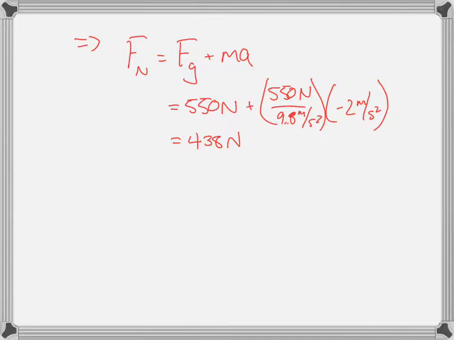This is really what's called effective weight. So again, this is the normal force, which is the force that I exert on the scale, which is what the scale reads. What the scale reads is effective weight, where my weight is still 550 newtons, defined by mg. My effective weight is how heavy I feel. Because I'm accelerating downwards, I feel lighter.